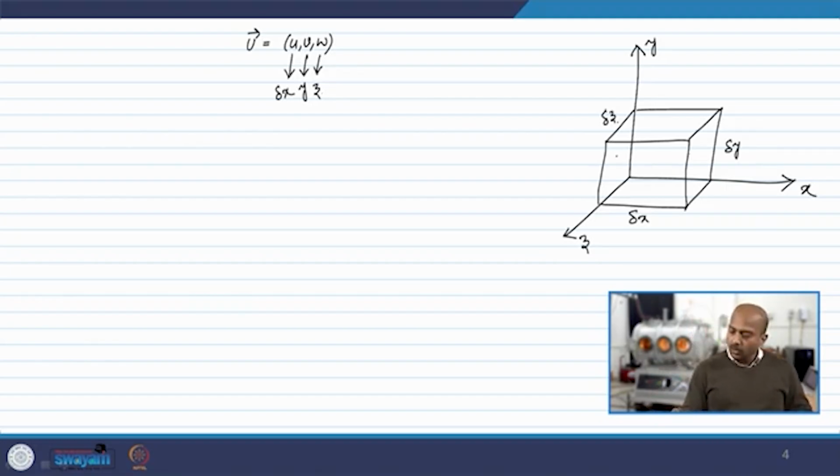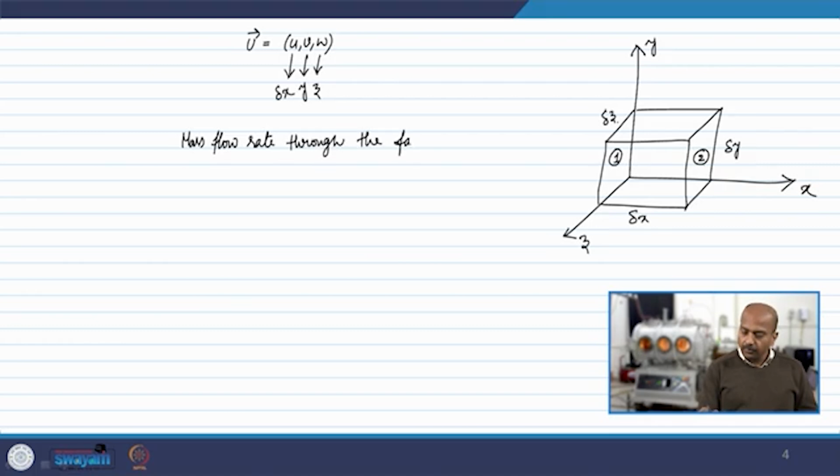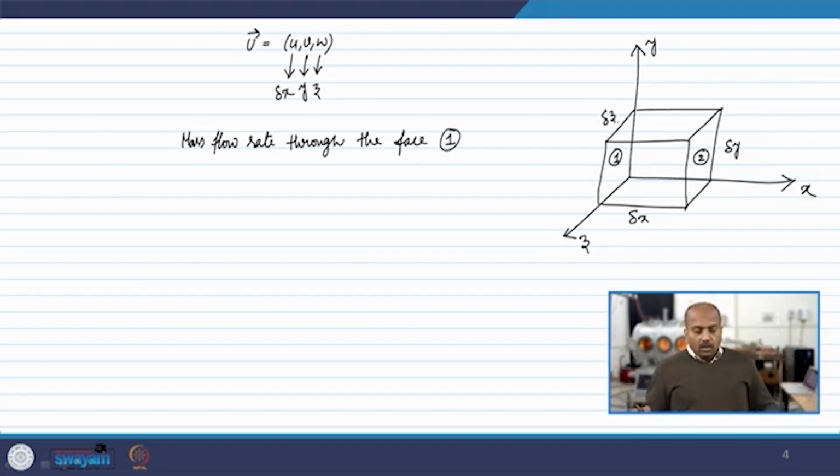So, let us say we call this side 1 and this side 2. Now, the mass flow rate through the phase 1, mass flow rate is m dot.